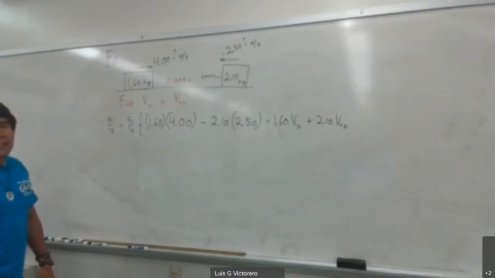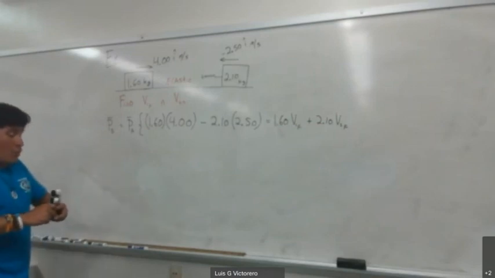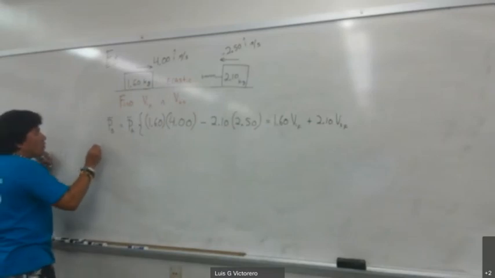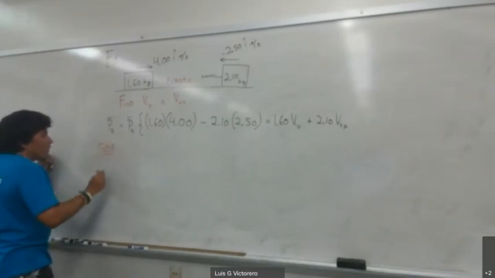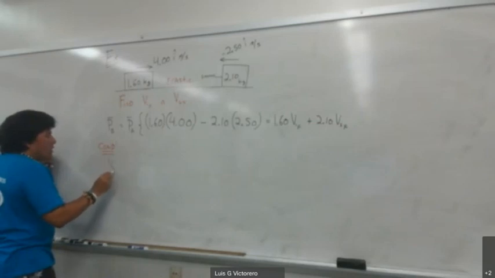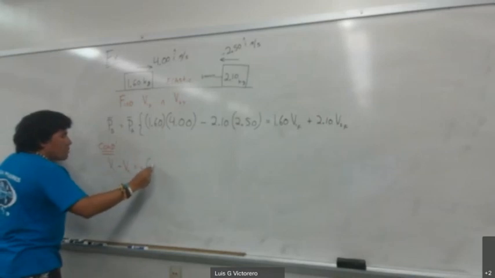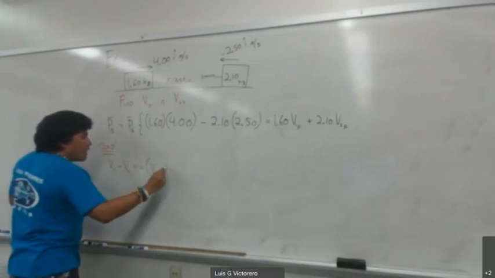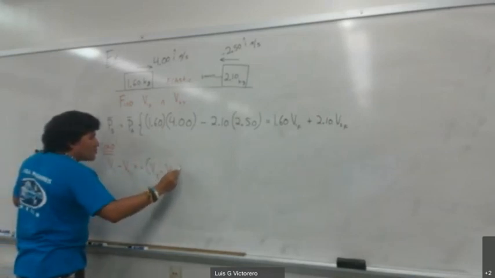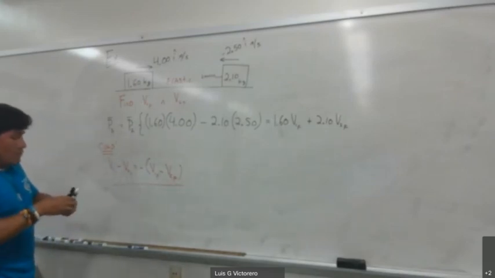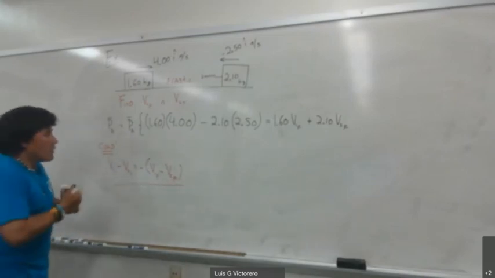But we have two variables. Hey, it's an elastic collision, right? For an elastic collision, there is an important condition. V1 initial minus V2 initial equals minus V1 final minus V2 final. This has to be written down on your formula sheet. Okay?